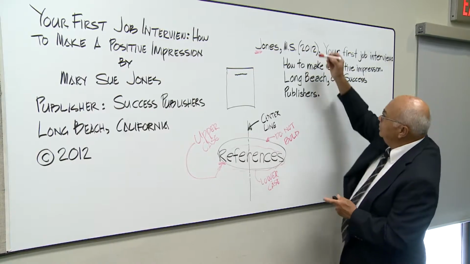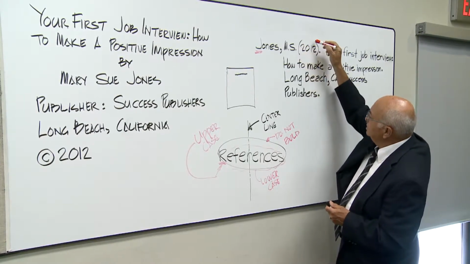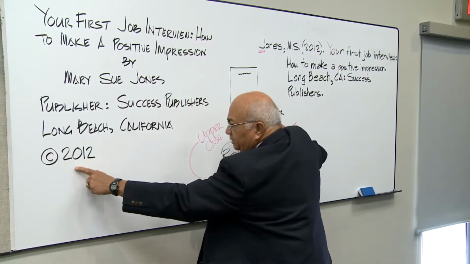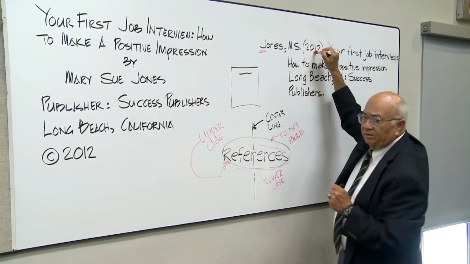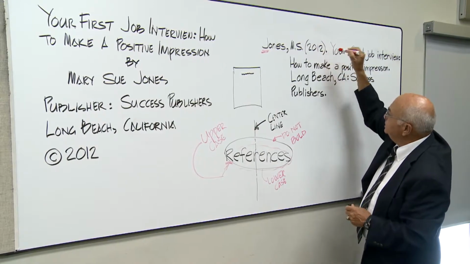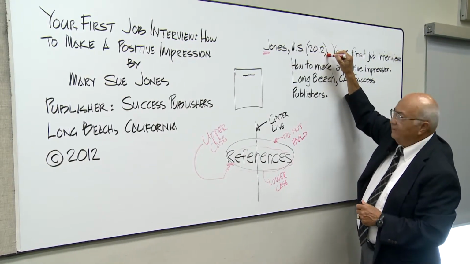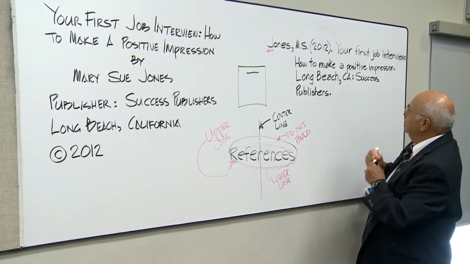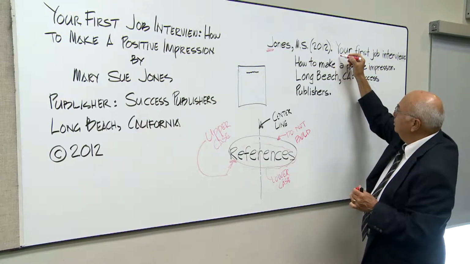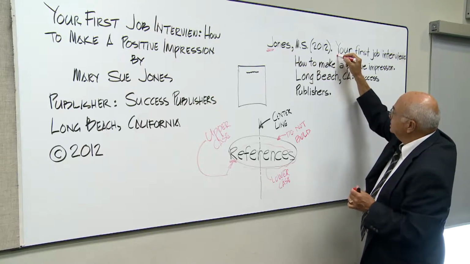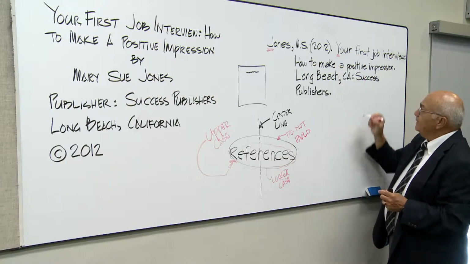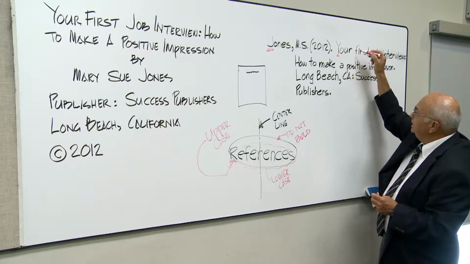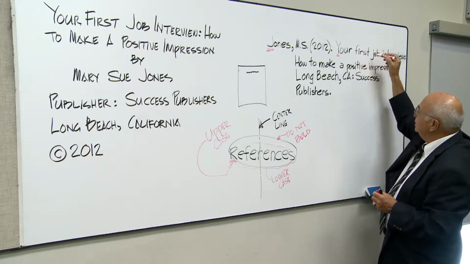All right, then we do parentheses, the date of publication. So we had here, published over here, put that in there. Close parentheses, period. Space, then we put, now this is the title now. This is capitalized. Capital Y, then lowercase, lowercase, lowercase, space, everything lowercase.